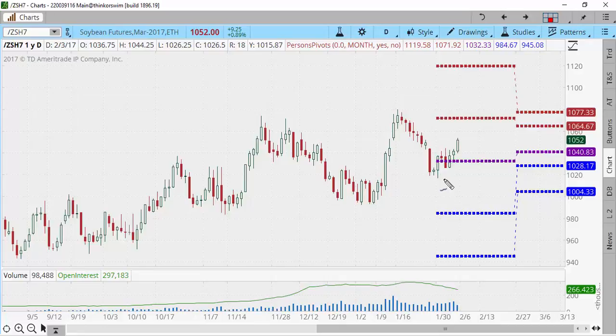And all right, this is the area where most short sellers will short the market, will short the soybean. But the problem is at this point in time, you realize that price cannot go down further, but instead it seems to find support at the pivot level.